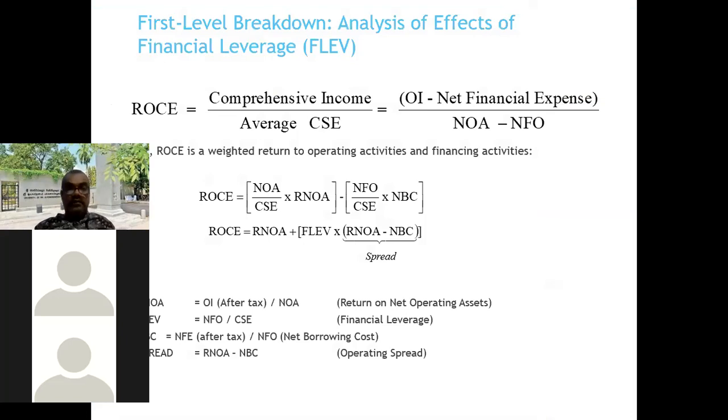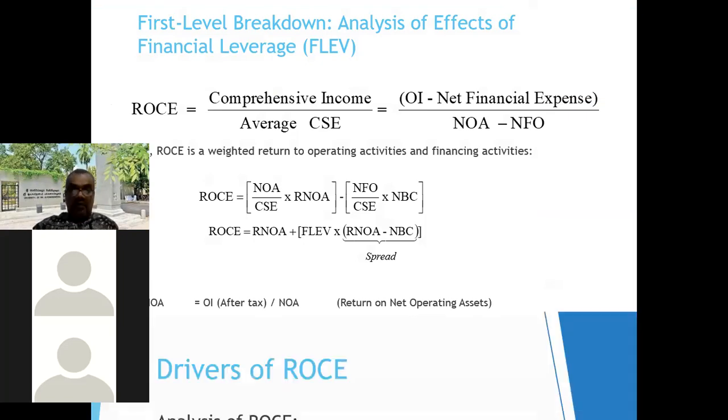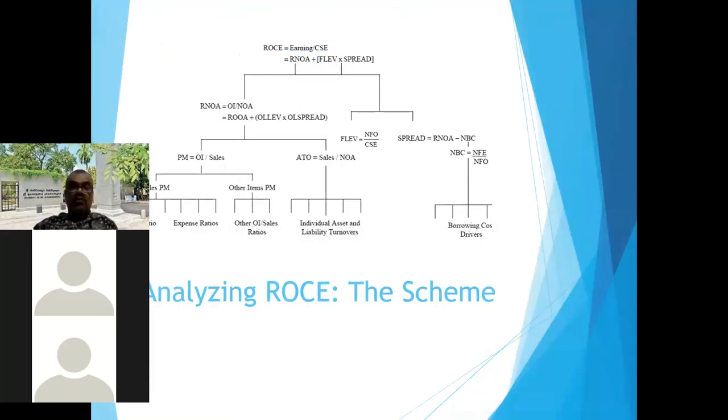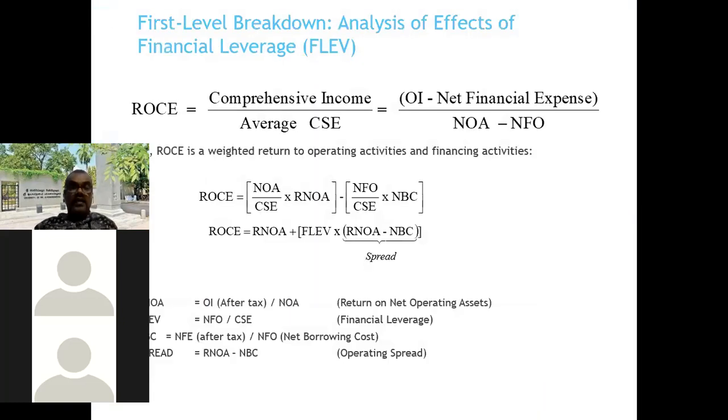Now, first level breakdown. Here the breakdown is clear, but it could be done in different ways. How do you do this? Return on equity? Yes, you can take the comprehensive income, net income, and divide by this. Or you can take operating income minus finance expenses and take the equity.